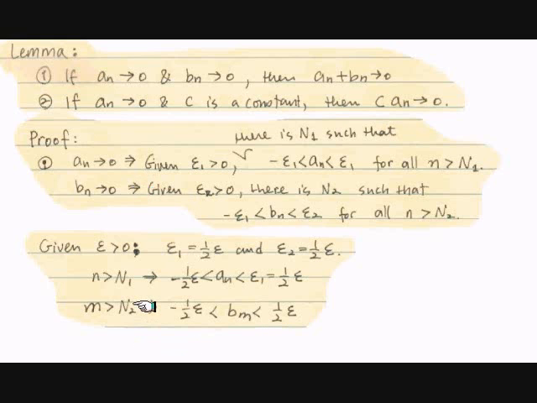So if our index is greater than n2, which depends on our choice of epsilon 2, which is really controlled by epsilon, therefore this n2 depends on epsilon. No matter what your m is, as long as it's greater than n2, then bm will fall in between epsilon 2 and negative epsilon 2. But epsilon 2 is 1/2 epsilon. Therefore, there's a 1/2 epsilon there and negative 1/2 epsilon there. So we get this property no matter what you have for epsilon 1 and epsilon 2.